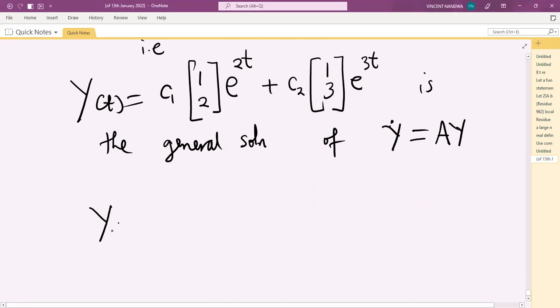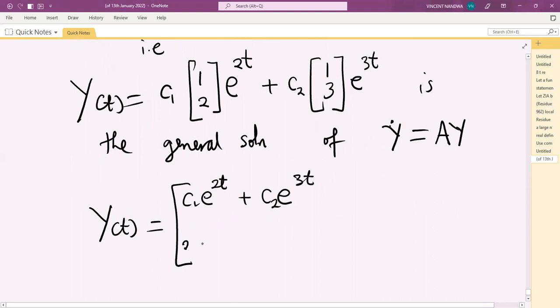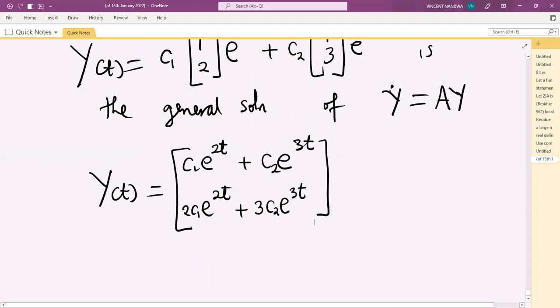So remember, y of t can as well be written as [C1 e raised power 2t plus C2 e raised power 3t; 2C1 e raised power 2t plus 3C2 e raised power 3t]. Now, from the initial conditions, we know that y at 0 should give us [1; 2]. This is actually from what is given as the initial conditions.